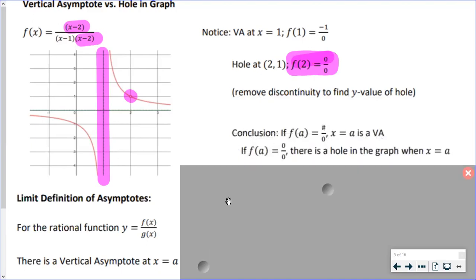So we can conclude that if you're plugging a certain x value into the function and you get a number over 0, that value of x is a vertical asymptote. However, when you plug in an x value and you get 0 over 0, an indeterminate, that indicates that there is a hole in the graph.